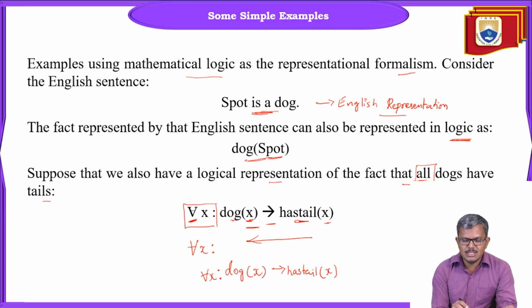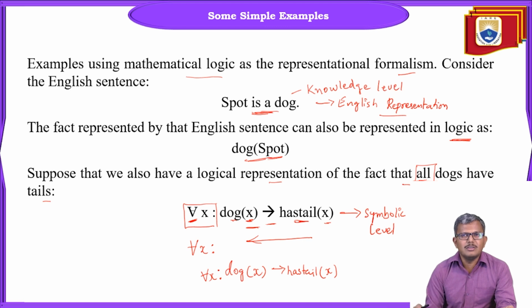We can also say that these representations are at the symbolic level. The second, the structuring of the entities, is at the knowledge level.